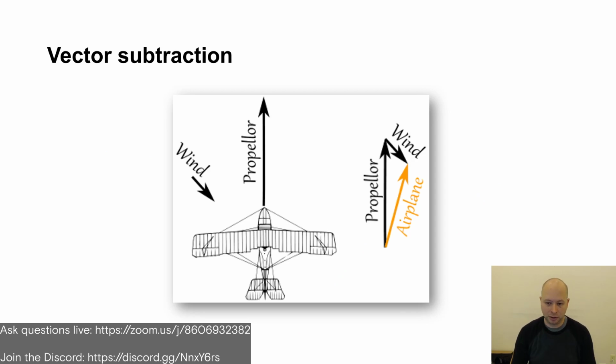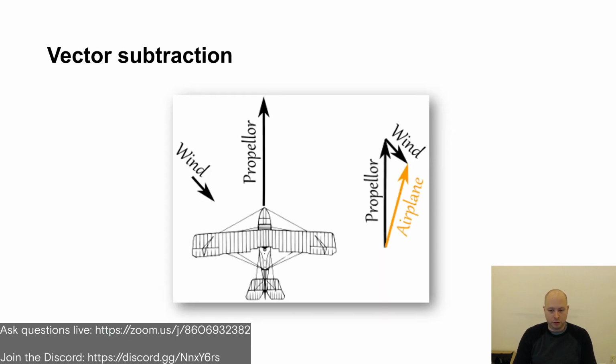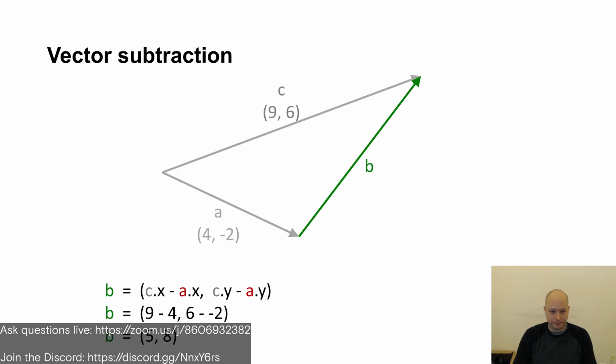For example, you have the wind vector and you have your velocity vector, and you can subtract the wind from your velocity, and then you get the effective direction of the plane. Although in this particular picture they're showing an addition actually, but that's kind of irrelevant.